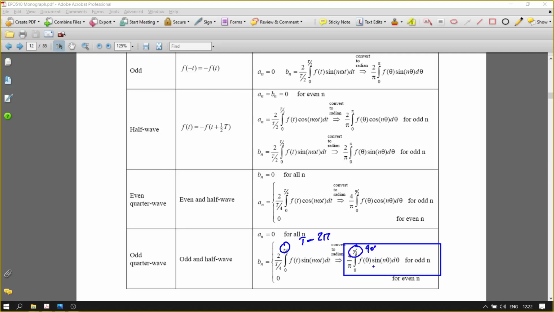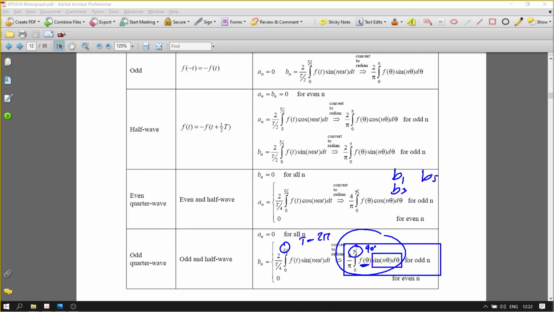Because you are doing it in terms of radians, so it has to be pi over 2. And then you have to look at the waveform. What is the instantaneous equation for that? And you have to multiply by sine n theta d theta. Solve for that, then you will get b1, b3, b5, and the rest.